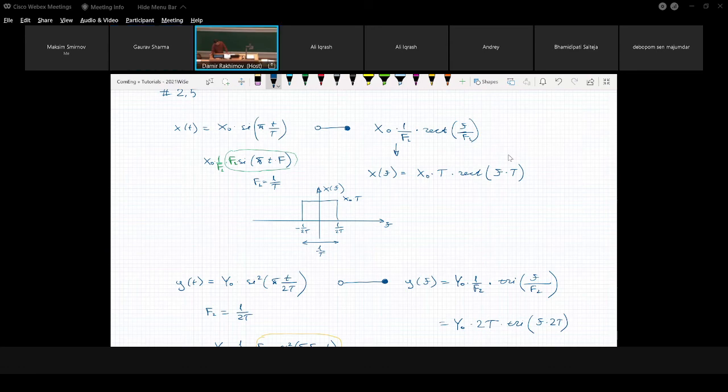No, I think it's fine because you can rewrite it as rectangular f divided by 1 over T. In the denominator you have 1 over T, and then you have T times 1 over T, and it will be 1, and what you have left is x0.